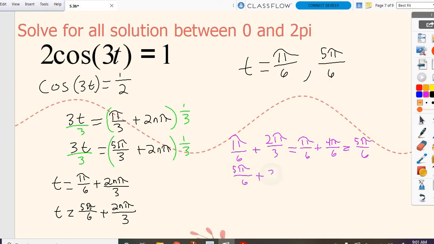Again, we're going to plug in a 1, so we have 2π/3. So we get 9π/6, but notice that we can reduce that to be 3π/2.